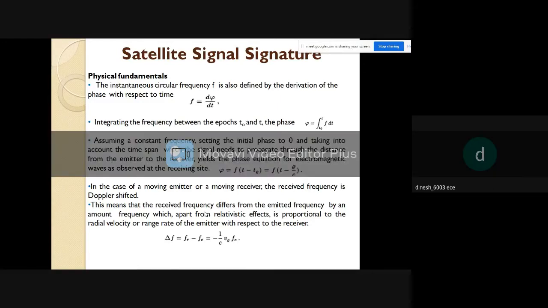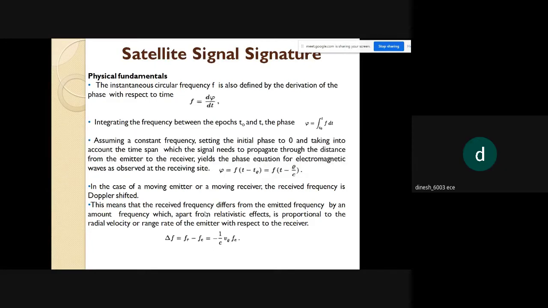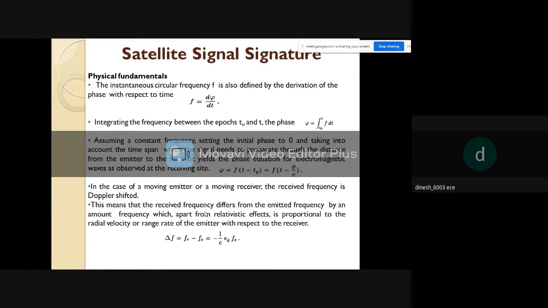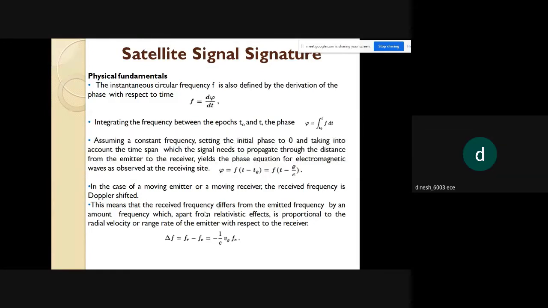We assume a constant frequency, with the initial phase set to 0, and taking into account the time span at which the signal needs to propagate through the distance from the emitter to the receiver, the phase equation can be obtained as φ = f(t − τ).